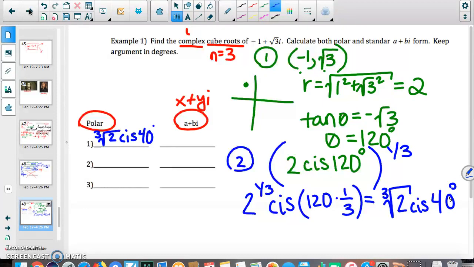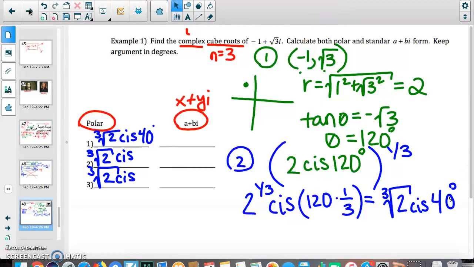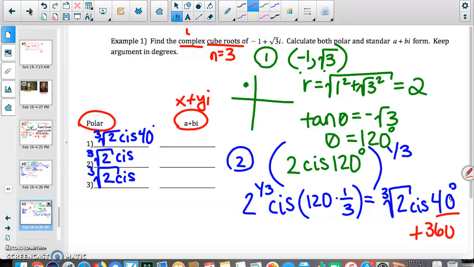Now, to figure out what that is in rectangular, we'll get to that in just a moment. Let's figure out the rest of my answers. The rest of your answers will have the same radius. The only thing that's going to change is the angle. Now we just have to figure out what I am adding to this angle, and it's just 360 divided by n.